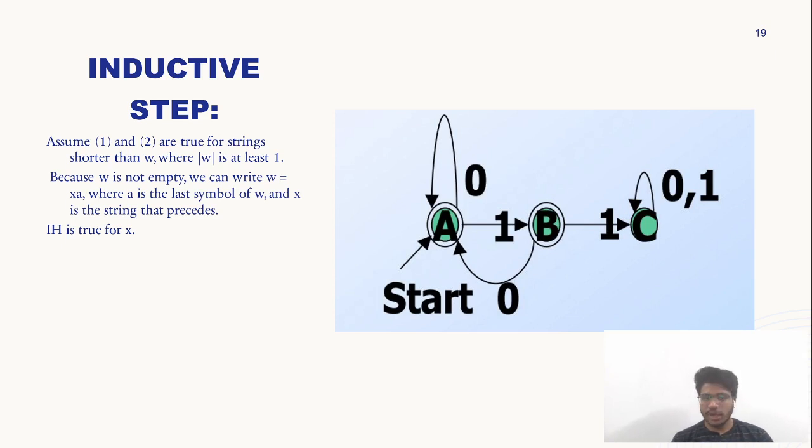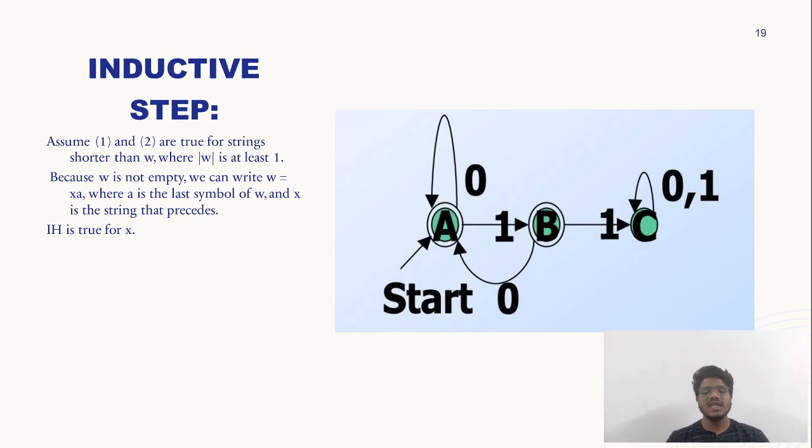Because W is not empty, we can write W as XA, where A is the last symbol of W and X is the string that precedes it. Now, in the DFA figure, A goes to B on 1, and B goes to C on 1, while C loops on 0 and 1, B goes to A on 0, and A loops on 0. So this is the inductive step.